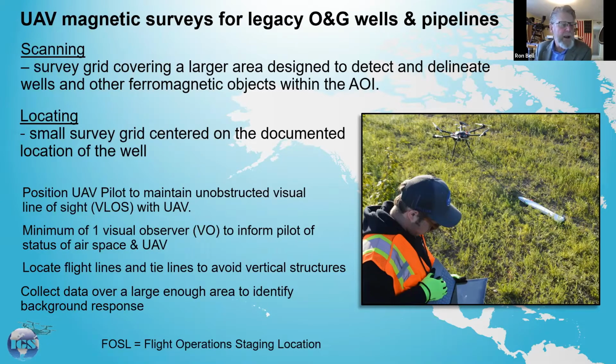And then there's the locating methodology, which is where I have an idea where the well's located, and I'm concentrating on that area, expanding out from where the coordinates are in the database to identify where it is and effectively map it.